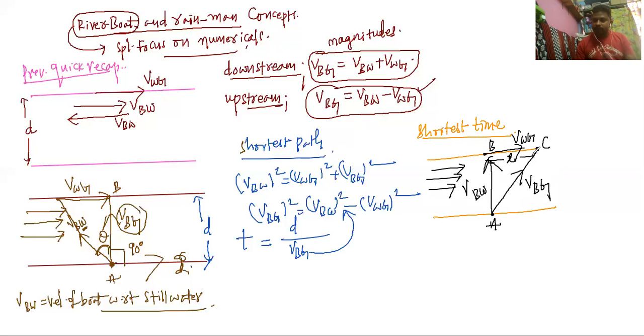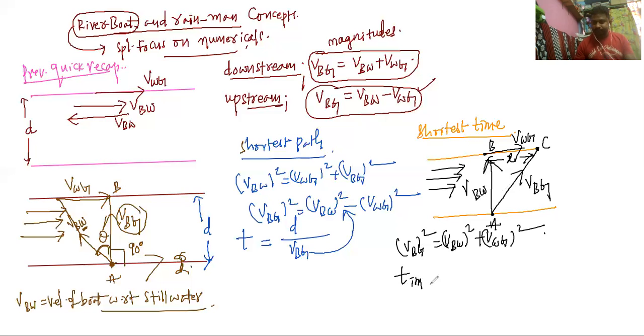What is this called? A drift. So here the important thing will be velocity of the boat with respect to ground whole square is equal to velocity of the boat with respect to water whole square plus velocity of the water with respect to ground whole square. Okay, so here the important concept is the minimum time. That's our topic, right?